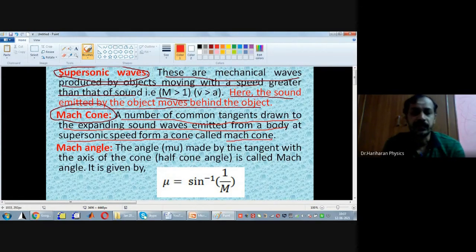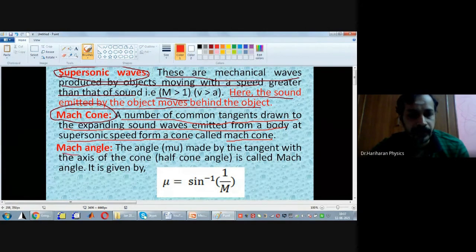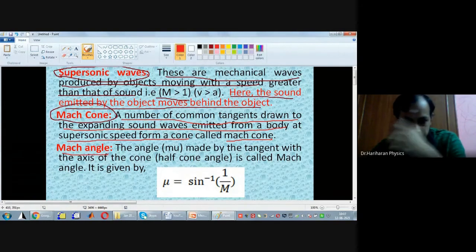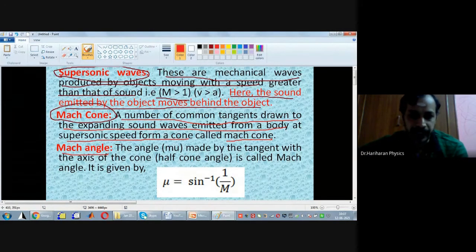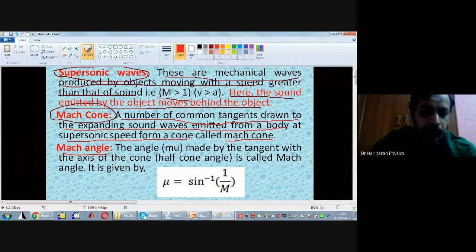Next we will look at Mach angle. What is Mach angle? It is the angle mu made by the tangent with the axis of the cone. I will illustrate this geometrically so it becomes easy for you to understand.